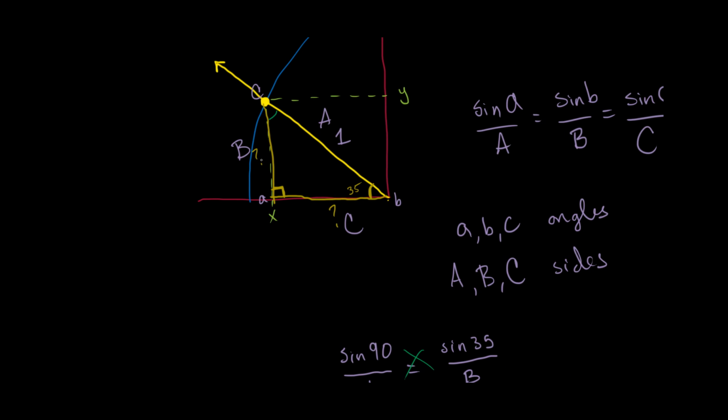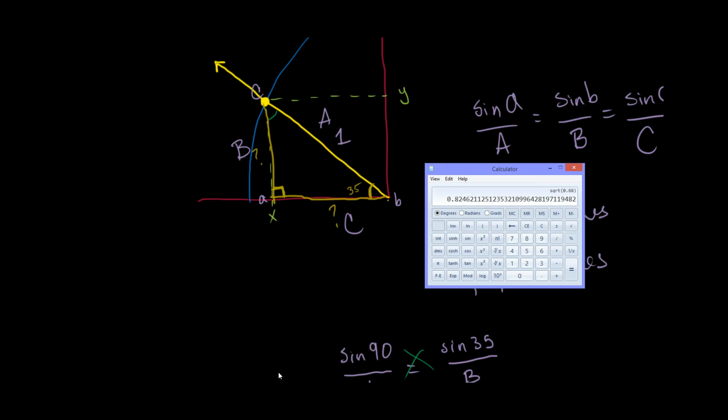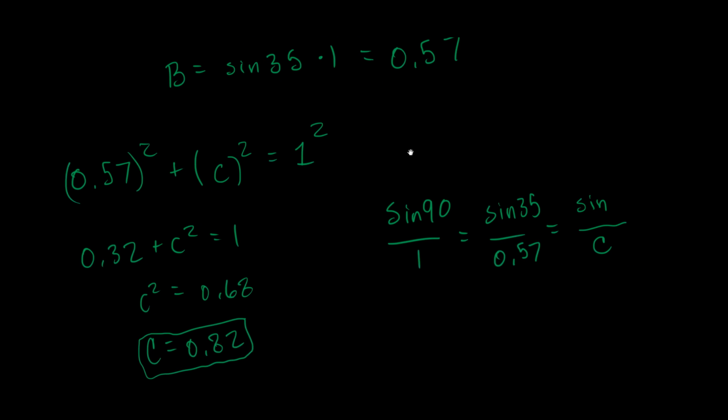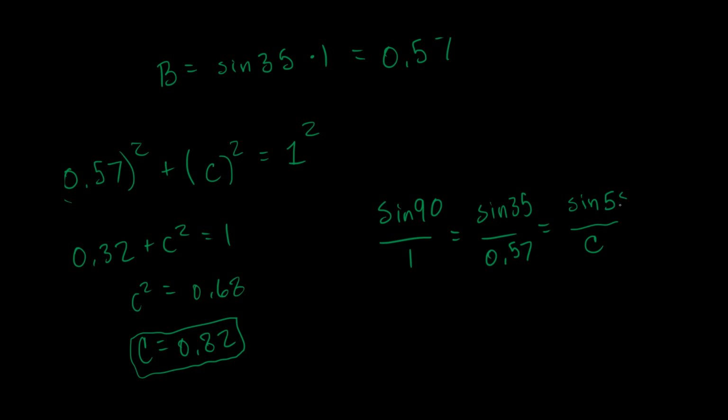Well, we know that in a triangle, all the angles add up to 180 degrees. And we already have a 90 and we have a 35. So to find out the missing angle, we just subtract. So we do 180 minus 35 minus 90 gives us 55 degrees. Okay, so it's going to be sine of 55.